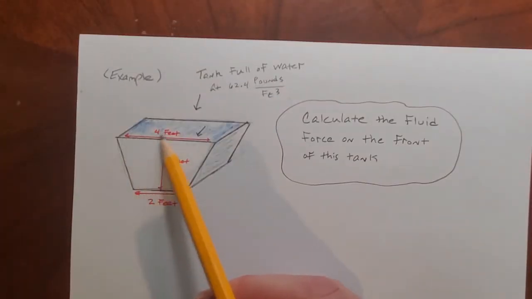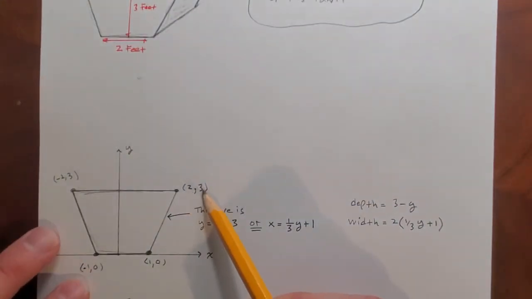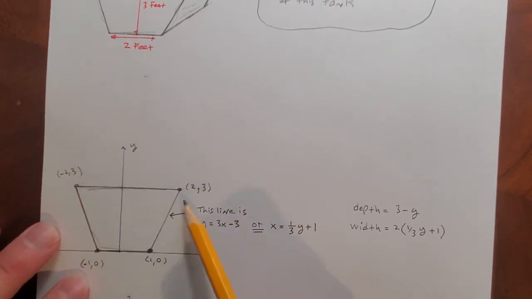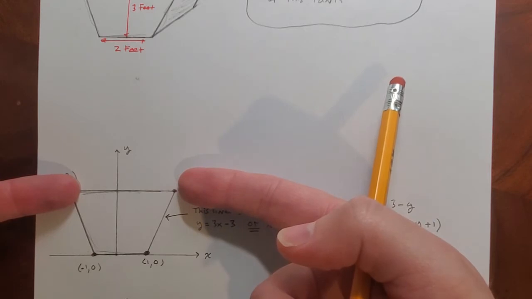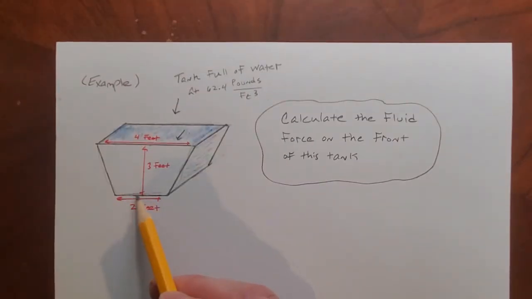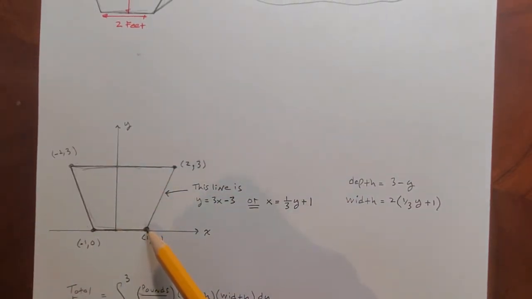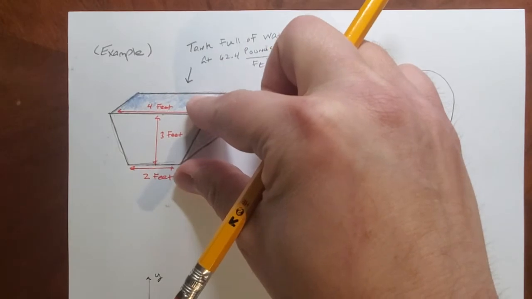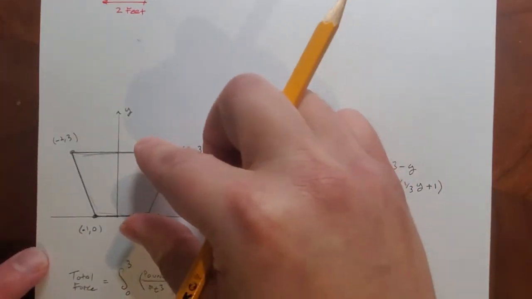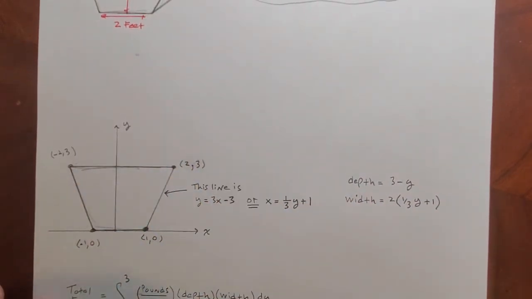So if the top of the tank was 4 feet wide, but the tank itself was 3 feet tall, that would be a y-coordinate of 3 and x-coordinates of 2 and -2. That would give you a width of 4 feet right there, okay? And if the bottom of the tank was 2 feet wide, and again, if I'm putting the y-axis right down the middle, then that would make this point at 1 and this point at -1 for x. That would give me a width of 2 feet. So with our math focused on just the front, imposed on the xy coordinate system, those are the lines and points that I see that would make it up.